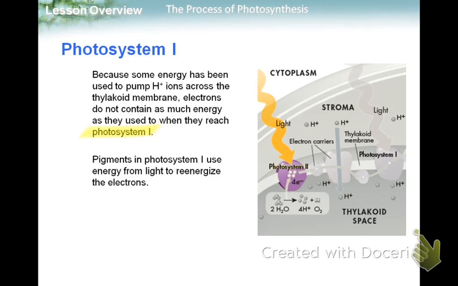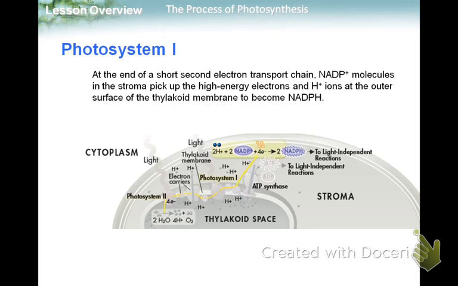So photosystem 1 also gathers light to re-energize the electrons. There's another electron transport chain, and then NADP molecules pick up the high energy electrons and hydrogen ions and become NADPH.